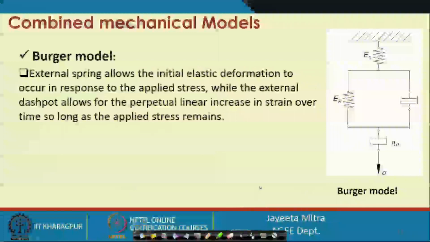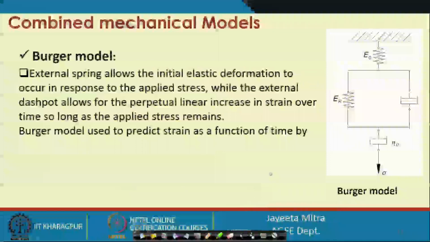In the Burger model, the initial external spring shows the initial elastic deformation in response to the applied stress sigma, while the external dashpot allows for the perpetual linear increase in strain over time, as long as the applied stress remains.